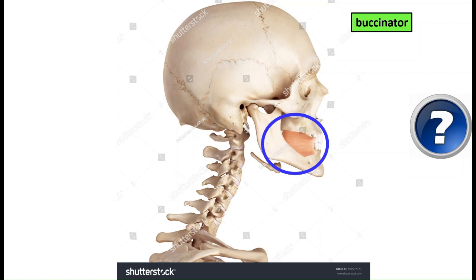Now, mastication has its own muscles, which are the lateral pterygoid, medial pterygoid, the masseter, and the temporalis, and these muscles are supplied by the motor part of the trigeminal nerve going down through the mandibular branch. Now, these are four muscles supplied by the trigeminal nerve, and this muscle is a muscle of facial expression, and it is supplied by the facial nerve.